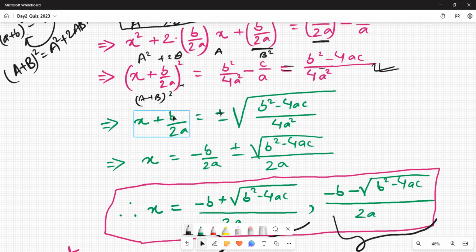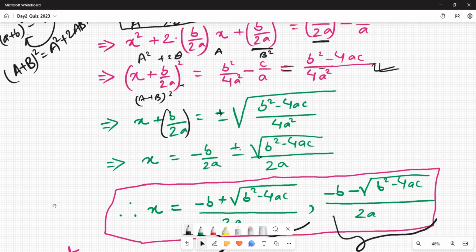Now when you transpose this term to the right, it becomes minus, because here it is plus. So we have the final value x equal to minus b by 2a plus minus under root b square minus 4ac whole under 2a, right?